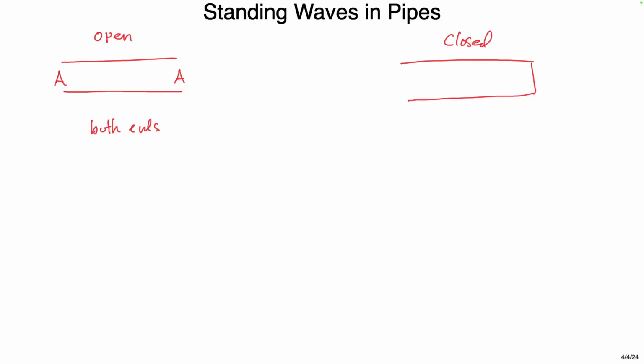There's no obstruction there that would cause the air to stand still, and so it will wiggle a lot there and form an antinode. Now, you can't just have an antinode and an antinode. What do you have to have in between two antinodes? A node, right? So the fundamental pattern would be that for an open pipe. In a closed pipe, you have an antinode at the open end, but the closed end is a node.